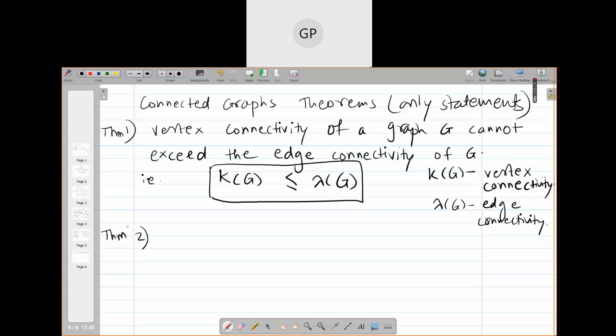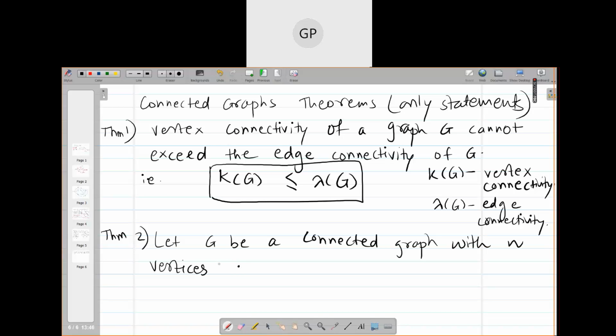Theorem 2. Let G be a connected graph with n vertices and e edges.